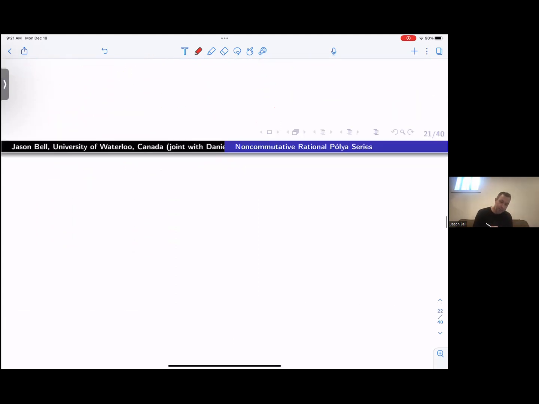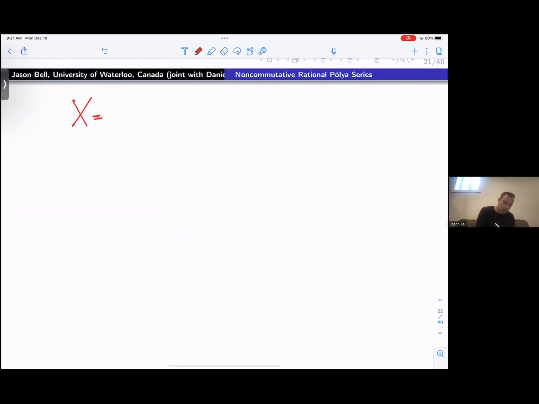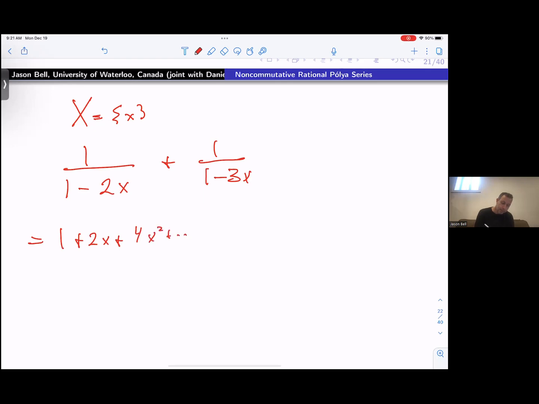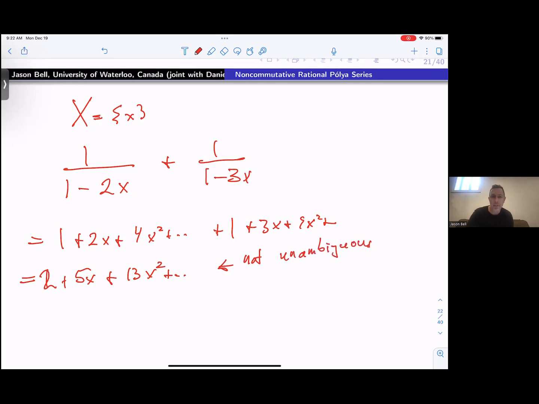Another example, let's say we take just a one variable series, and we look at one. If we expand this out, we get something like this. And this is, I guess I should just say ambiguous, but I'm going to say not unambiguous. So this one is not unambiguous.